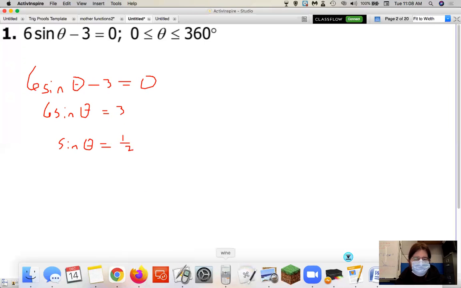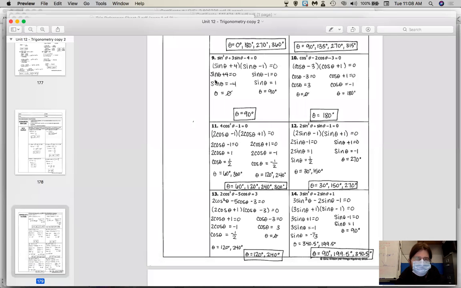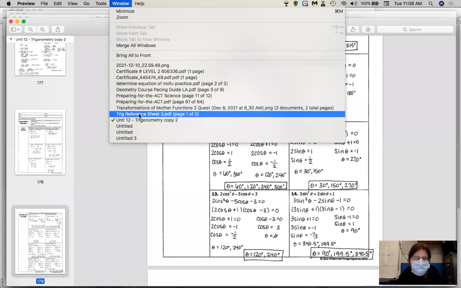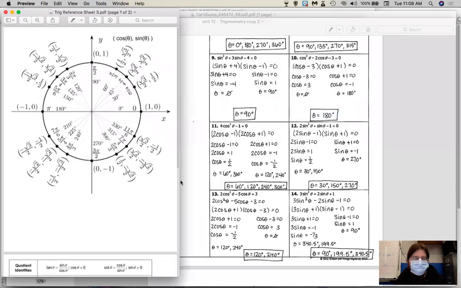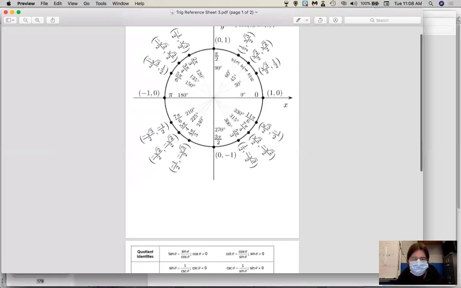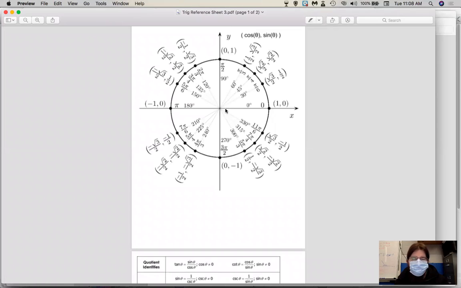So now let's pop open our unit circle. We're looking for sine to be a half. Sine is our y value. So right here at 30 degrees, that's one answer.